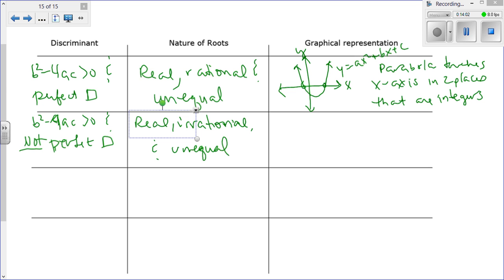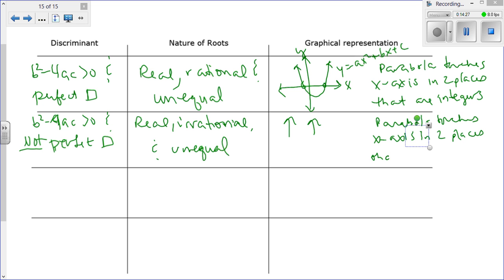The graph will look the same as up here, except the parabola touches the x-axis in 2 places that are fractions or decimals.